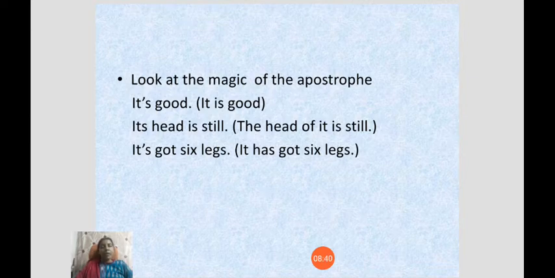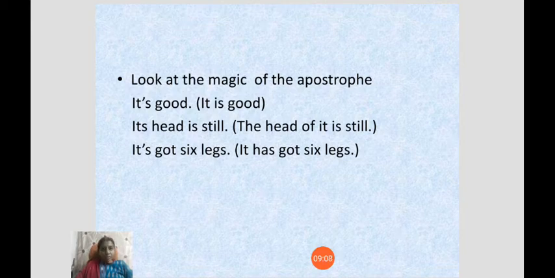Now you may have a question: in the first sentence and the third sentence, the contracted form is the same, it's. Yet when you expand it, in the first case you have written "it is," and in the third sentence you have written "it has."